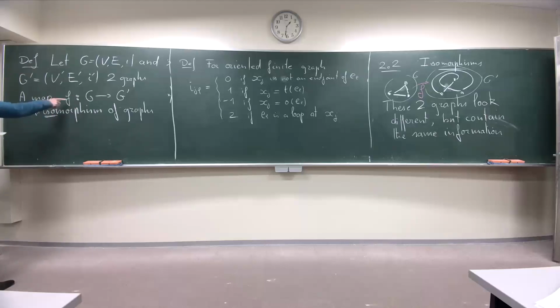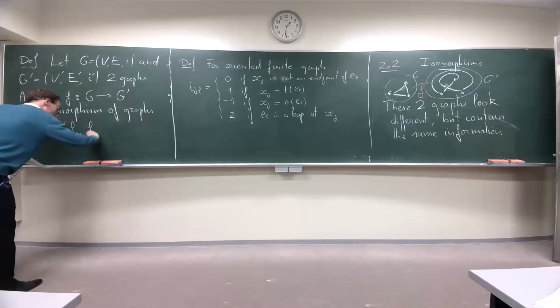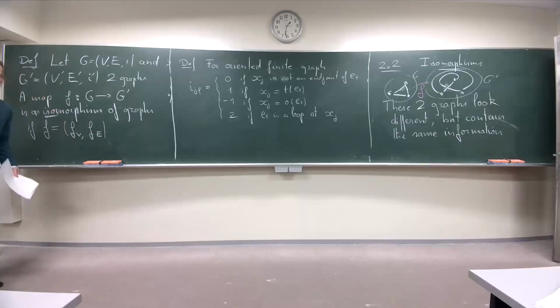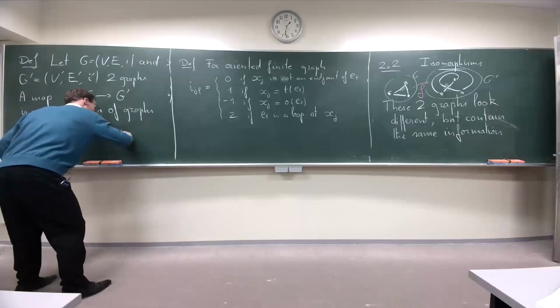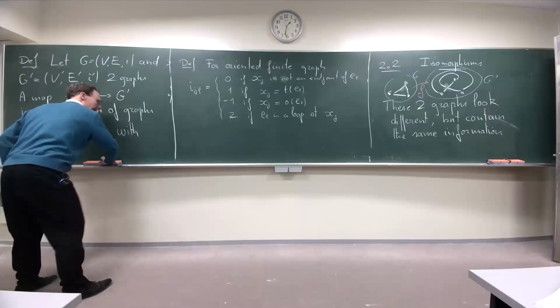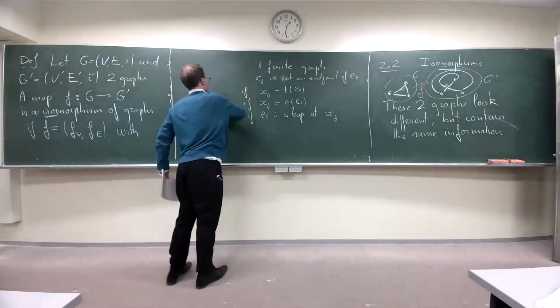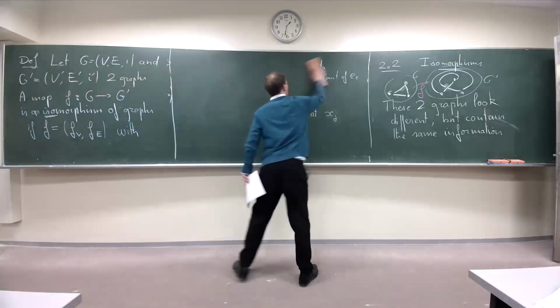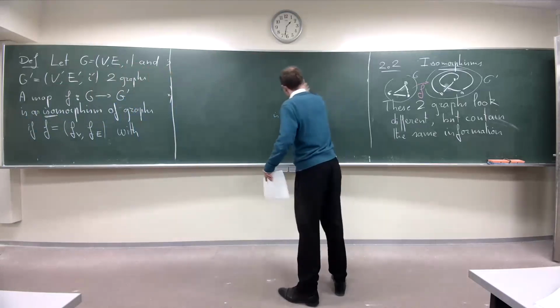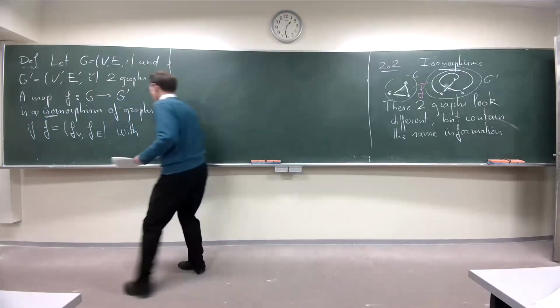So F is, in fact, 2 functions, like for weights. Remember when I introduced weights, in fact, I had 2 functions, one function about vertices and one function on edges. So it's a collection of 2 functions, and of course, you can guess the first one is about vertices, the vertices from G to vertices of G prime.